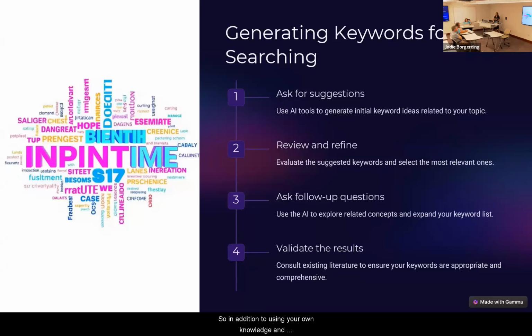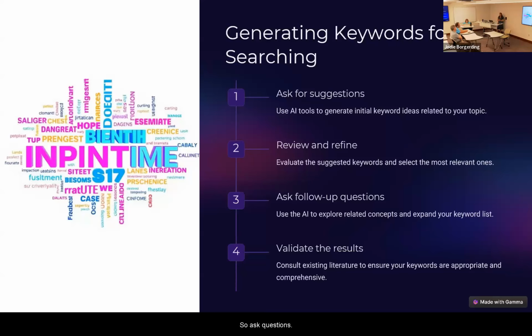So in addition to using your own knowledge and judgment, consult with your subject librarian, use the database, the source, and other experts in your field or area that you're studying. You can also use AI for quick and easy help generating those keywords, especially if it's a topic or area that you may not be too familiar with, the language or jargon of that field.